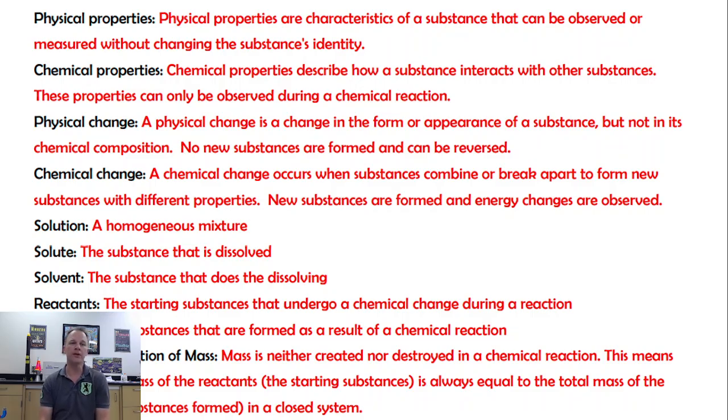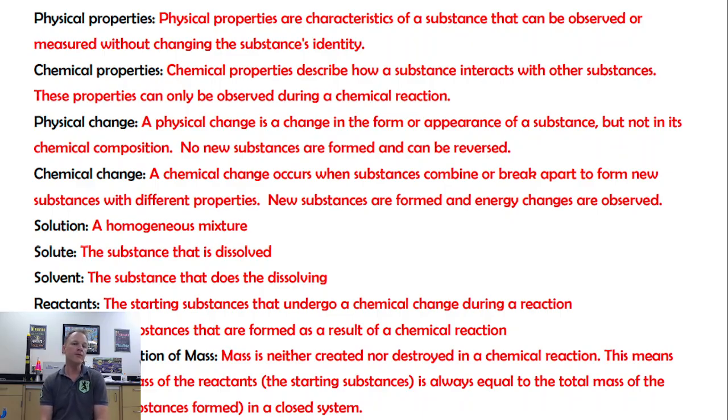So you can just look at something and determine its physical properties sometimes. Things like color, shininess, maybe. Is something solid? If it's a pure substance, is it solid at room temperature? Is it liquid at room temperature?